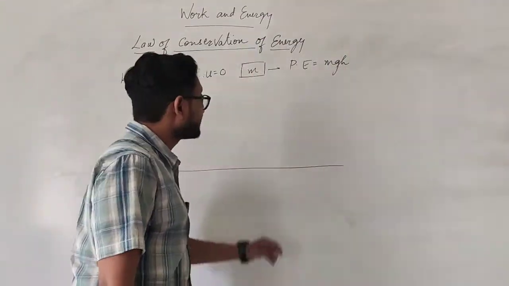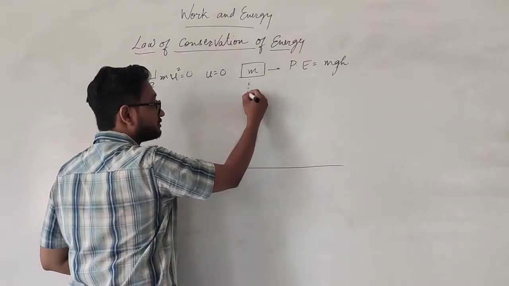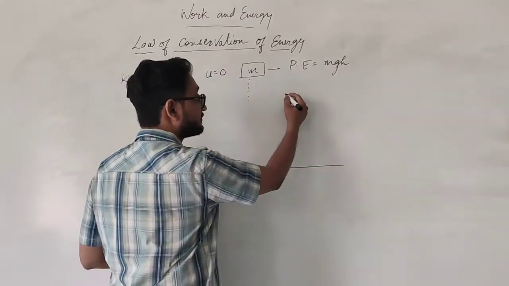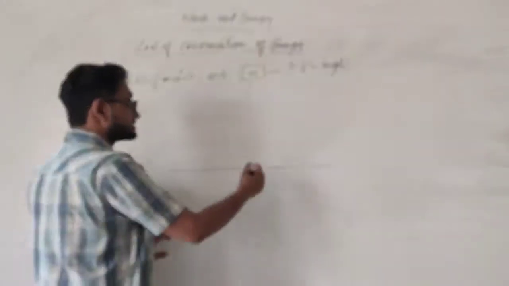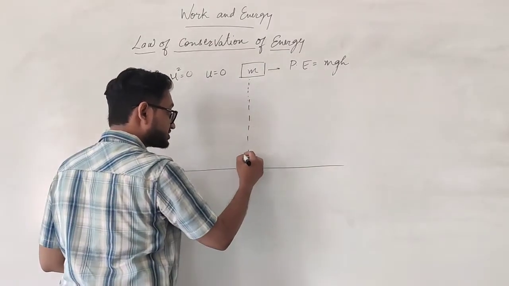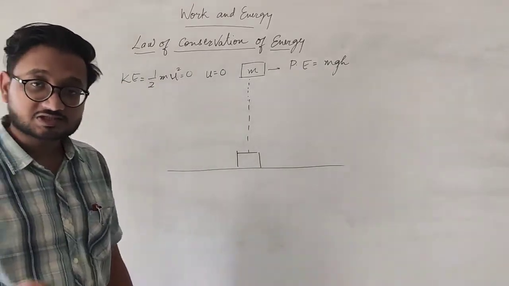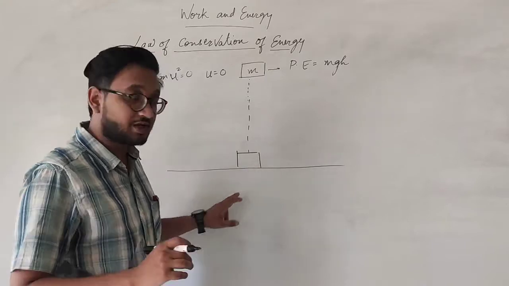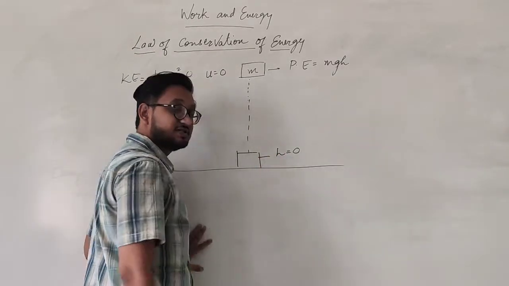But we know that as soon as I release the object, it starts to fall because of gravitational force, and it is free falling. At a certain point when it comes down and is just touching the ground, mark my words, it is just touching the ground, its height h becomes 0.